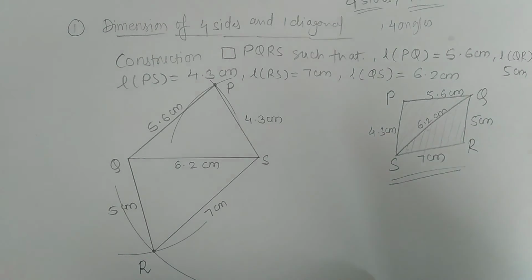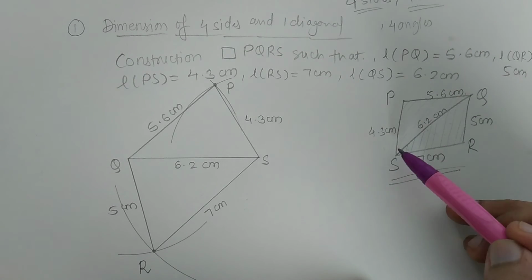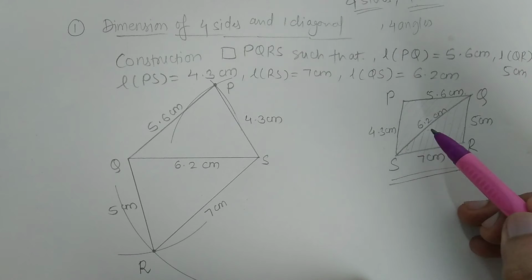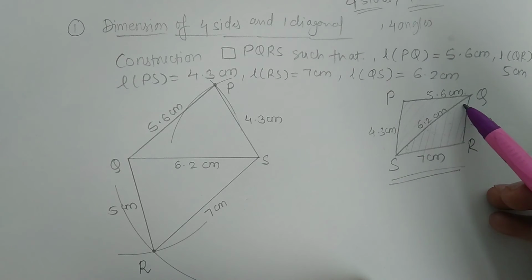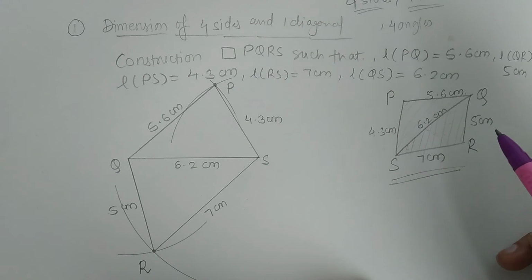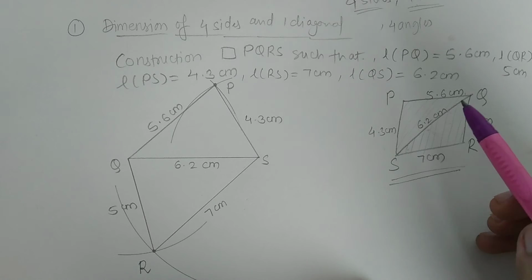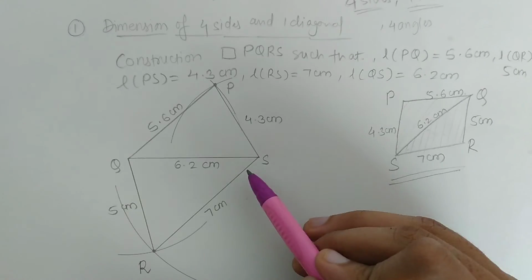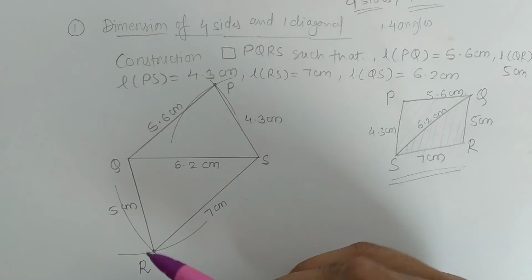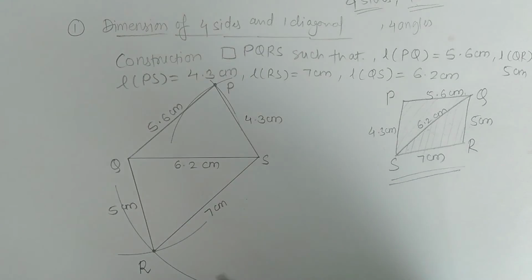What we have done, we have first drawn the rough figure. Then we know that the dimensions of all four sides are given to us, and the dimension of the diagonal is also given. We have considered the diagonal as our base for two triangles, triangle PQS and triangle QRS. First we have drawn the triangle PQS on the line QS, and then we have drawn triangle QRS considering QS as the base.